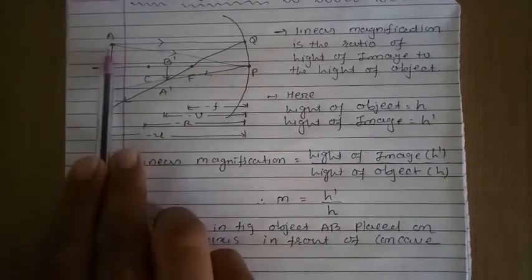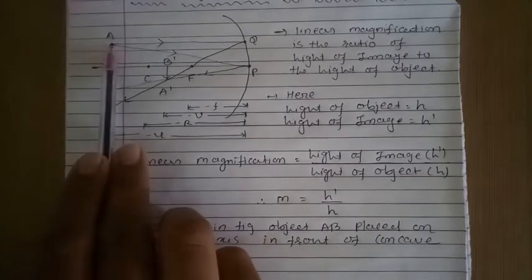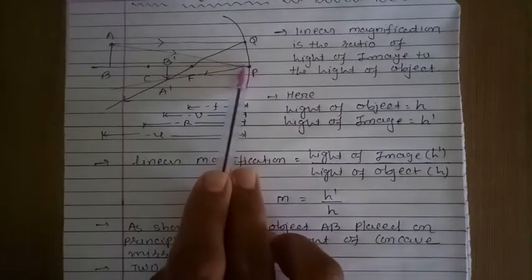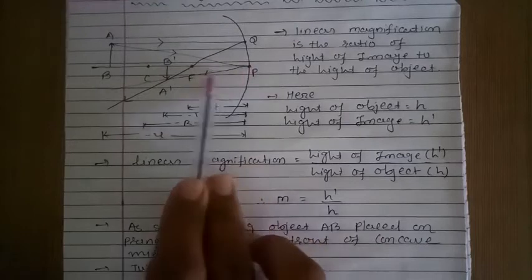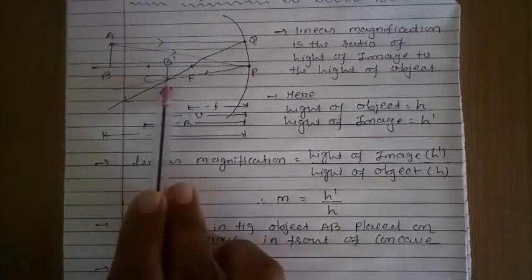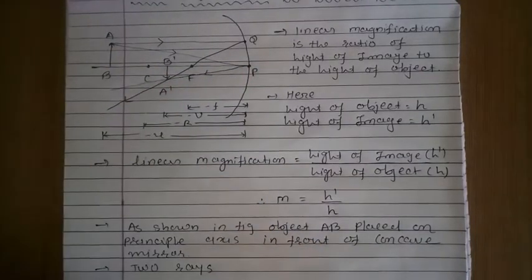And another ray from A strikes the pole and passes like this. When these two rays intersect, we can see the image of an object, right?